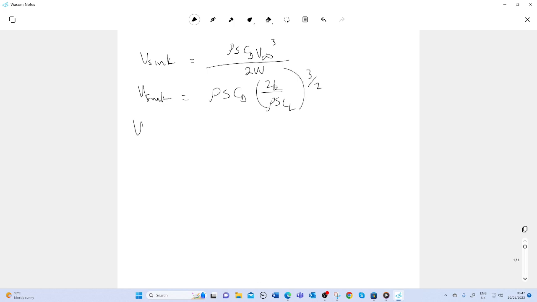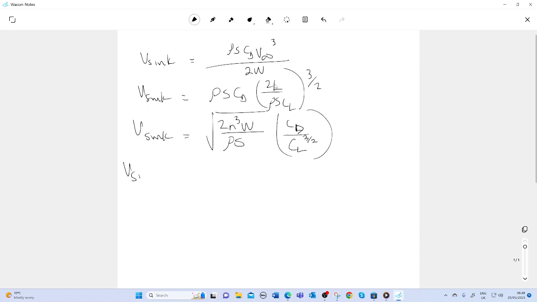So therefore, our V sink becomes the root of 2 multiplied by the load factor to the 3, multiplied by the weight, over rho S, into bracket CD over CL to the 3 over 2.